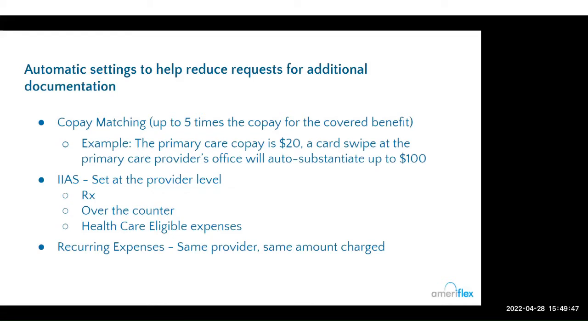The FSA funds are used first, and your HRA is used after your FSA funds have been depleted. So when you're swiping your card, if it's not matching a copay, and it is for a prior year expense, you're going to need to submit some documentation to substantiate the claim. Probably an EOB will be your best bet.